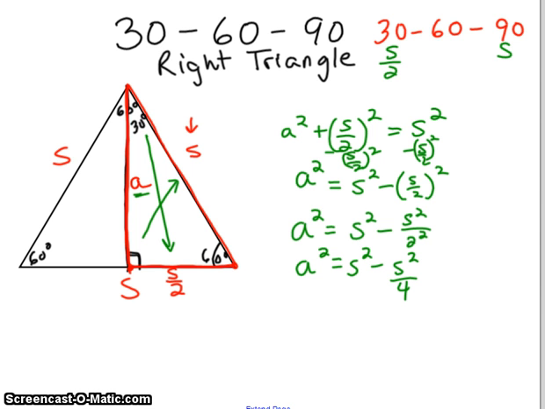Now I'm going to subtract. I have 1 s squared and 1 over 4 s squared, so that's 1 minus 1/4, which is 3 over 4 s squared. I don't know why I put a 3 here. Let's get rid of it.